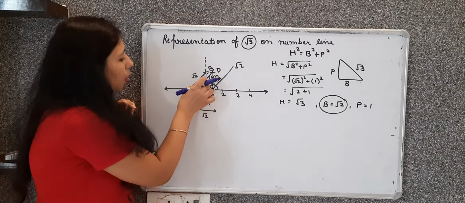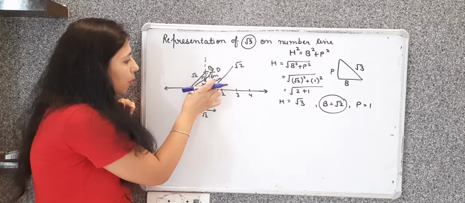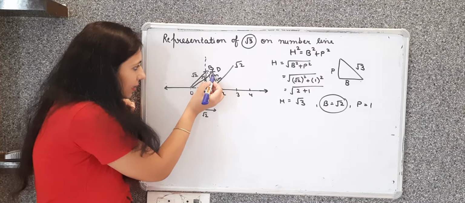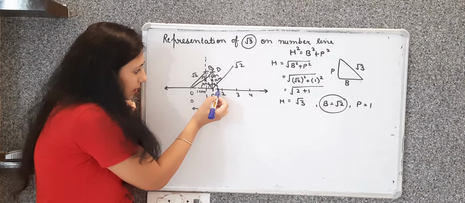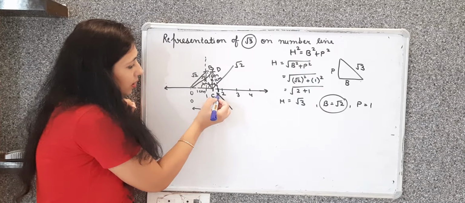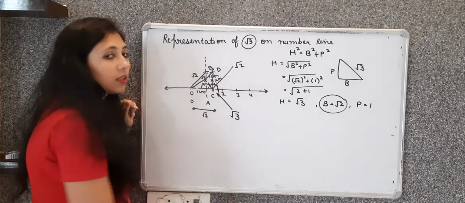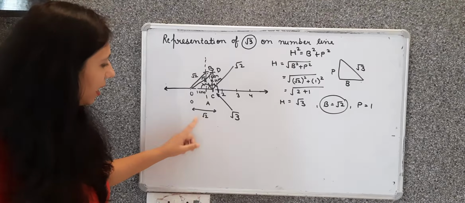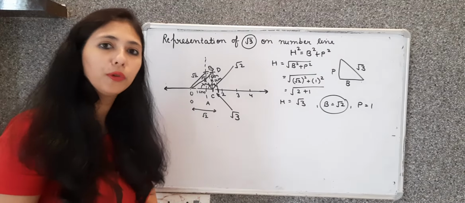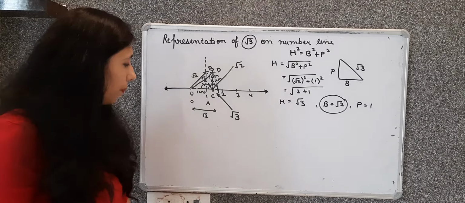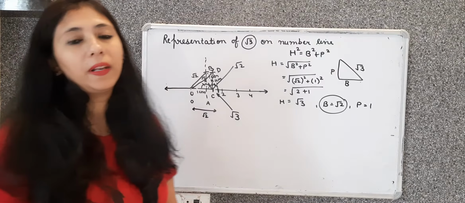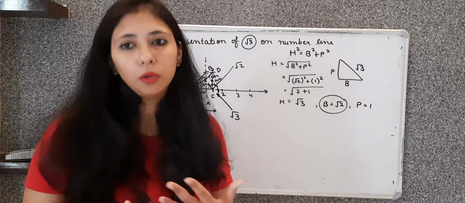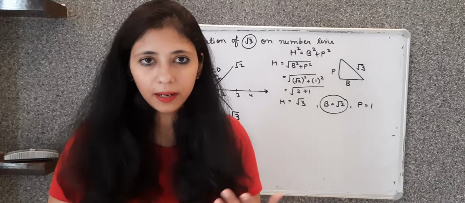So we'll put our compass here, pencil here, and we'll draw an arc on number line like this. Now this distance that I got is root 3 distance. So for representation of root 3 on number line, firstly I want representation of root 2 on number line. So now after this I'll explain it to you on a notebook with the help of compass, scale and pencil.